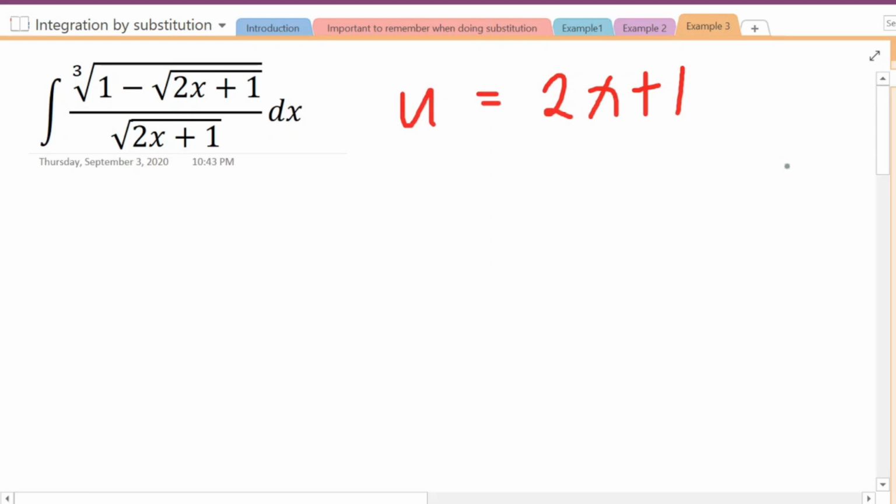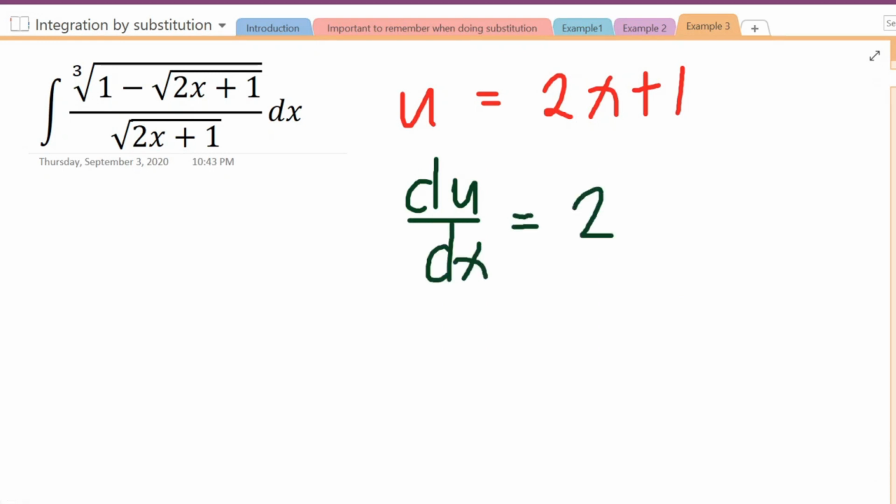Let us continue by exploring the derivative of u. The derivative is just 2. The derivative of 2x is 2. The derivative of 1 is 0. Now, remember that we let this part here equal to u. It's the same expression in the denominator, so the remaining part of the integral is simply dx.